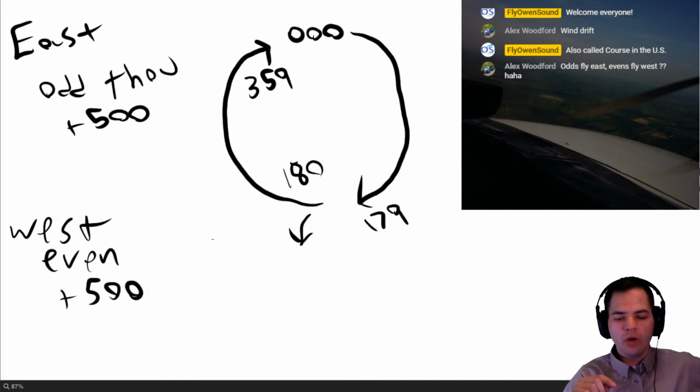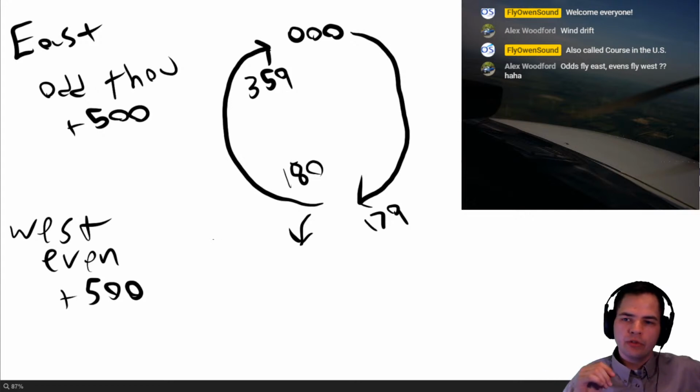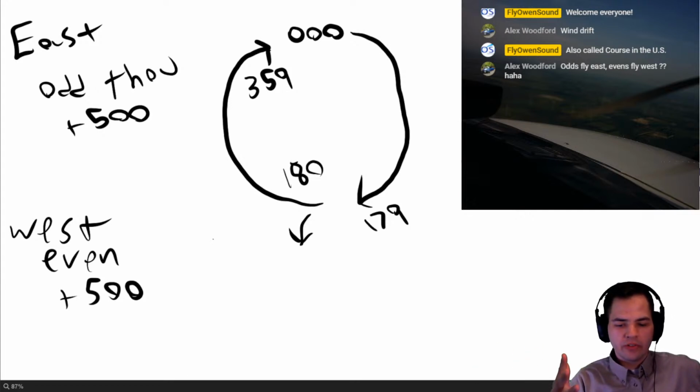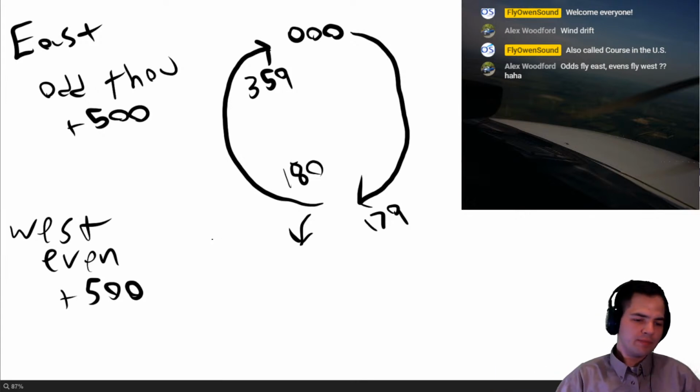I'm heading 181, but you can't actually answer this question without more information, without the wind, right? So if you had a wind that was out of the west that was sufficiently strong, you might actually have a track that is easterly. And in that case, now you need to be using the odd thousands plus 500.